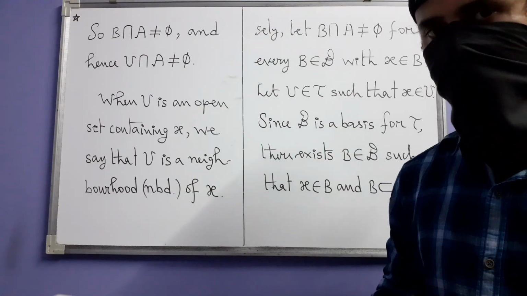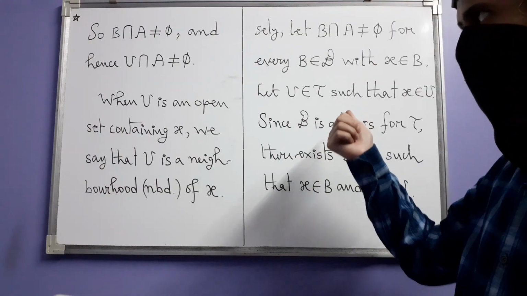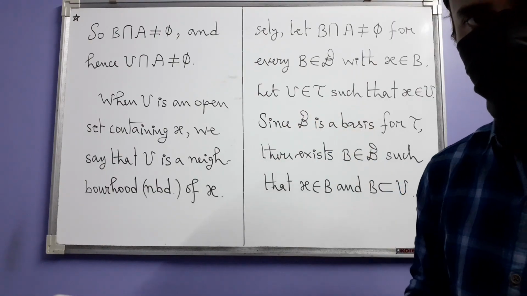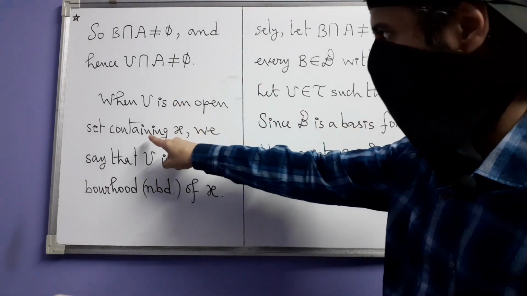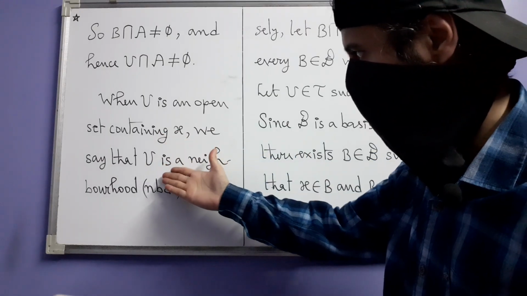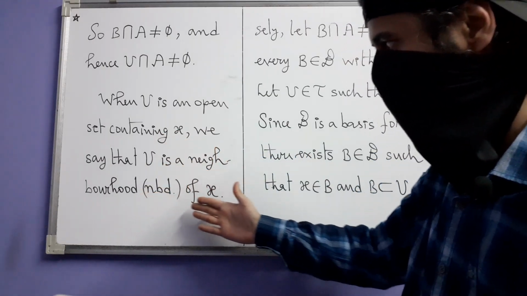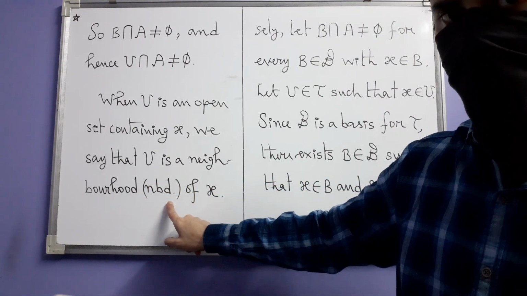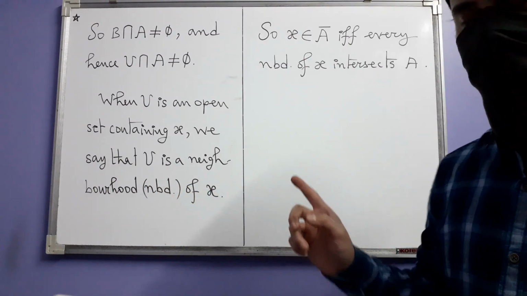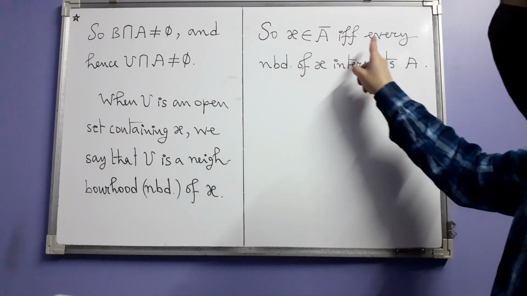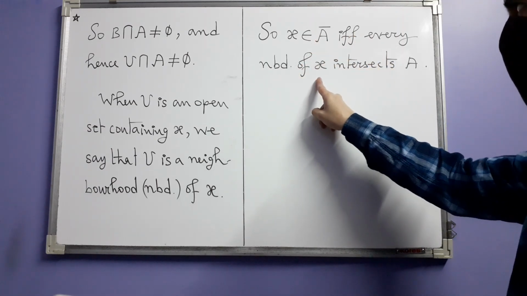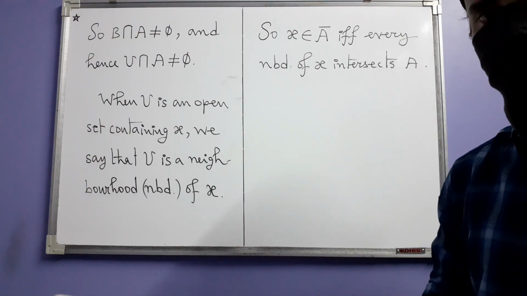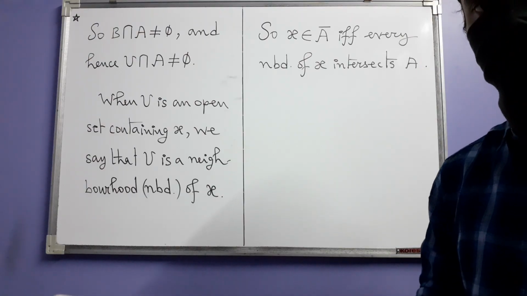Now we devise a simple way of stating what this result says, the result that we proved just now. If U is an open set containing X, we say that U is a neighborhood of X. In short, we will write NBD. So X belongs to A closure if and only if every neighborhood of X intersects A. In this way we can remember it more easily.